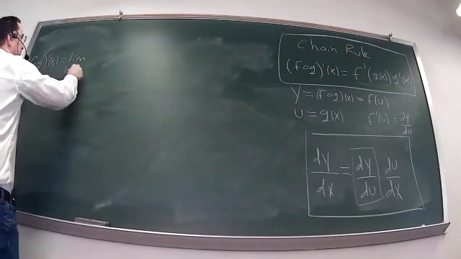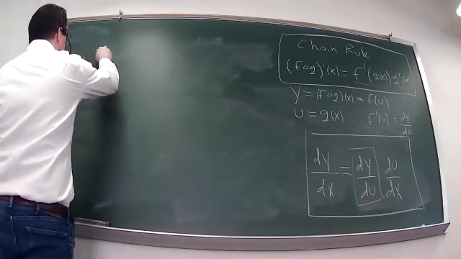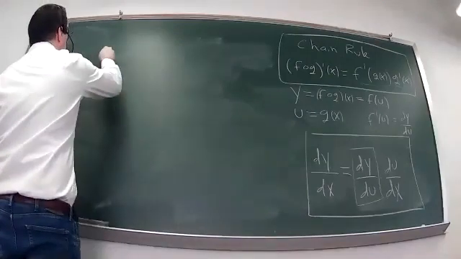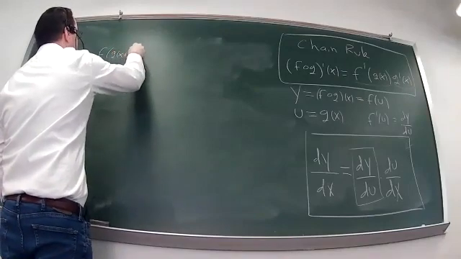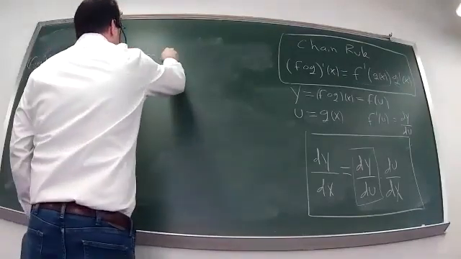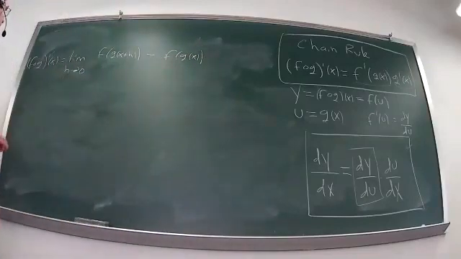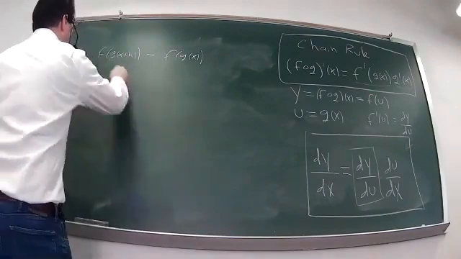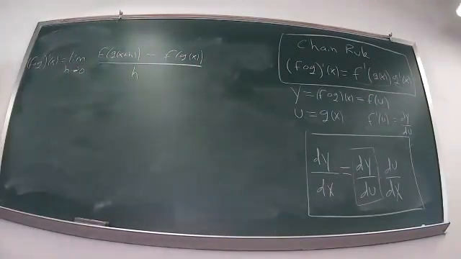And so you remember that the definition of derivative is limit as h goes to 0 of f composed with g of x plus h, so that's f of g of x plus h, right, minus f of g of x. So we're taking the derivative of f composed with g, so we have to plug in x plus h, and then just subtract plugging in x, and then we're dividing by h.